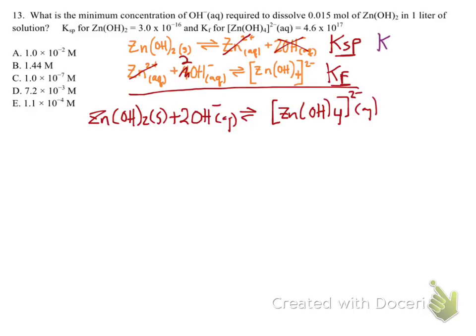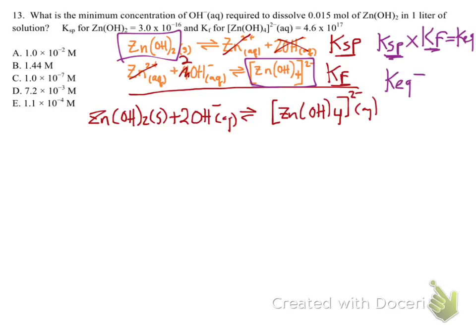So we're going to take KSP times KF, so it's the KSP of what's being broken, times the KF of what's being formed, and that is going to give us our overall KEQ. So when we do this, we end up getting KEQ equals 138.